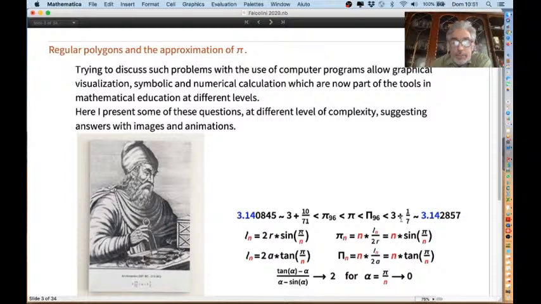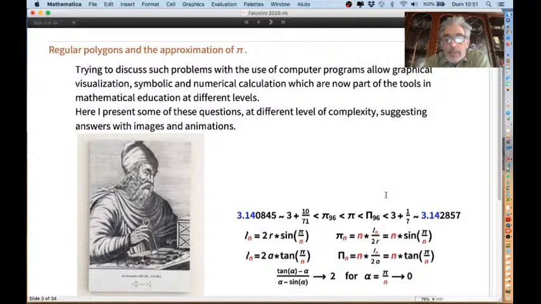In fact, this number was obtained by computing the perimeter of a polygon with 96 sides, and this is because the number 96 is simple, because it's 6 times 16.